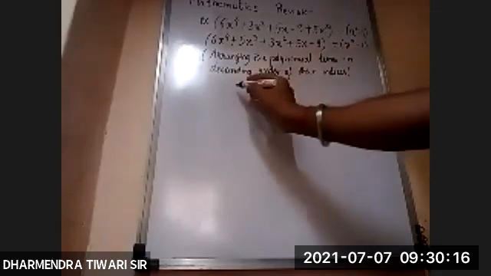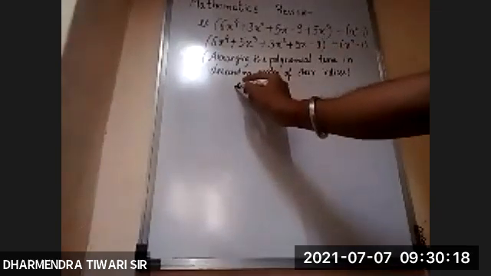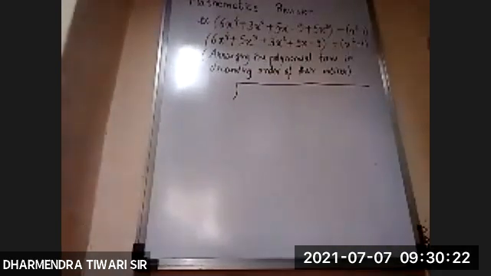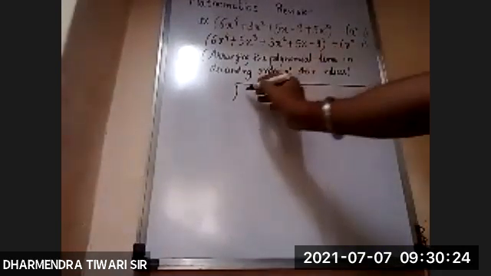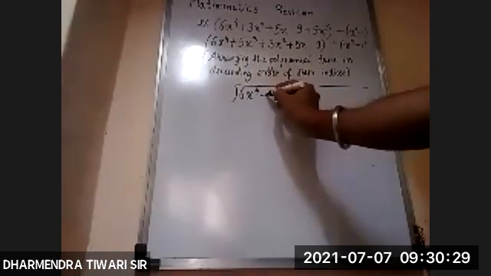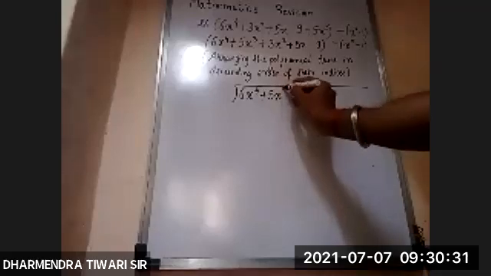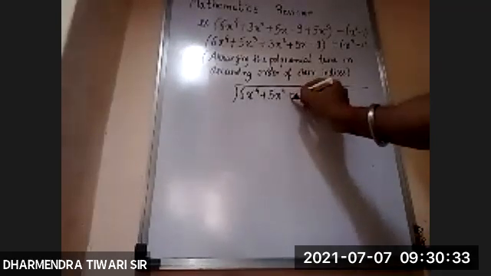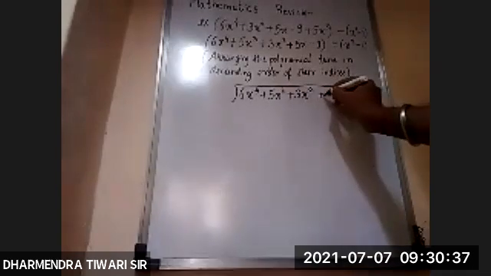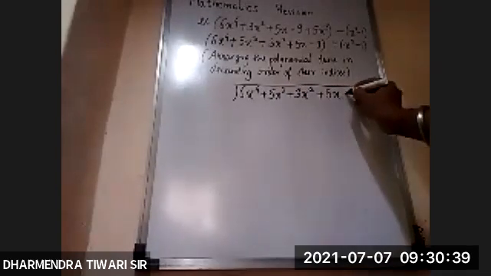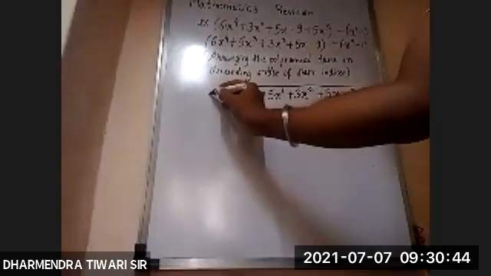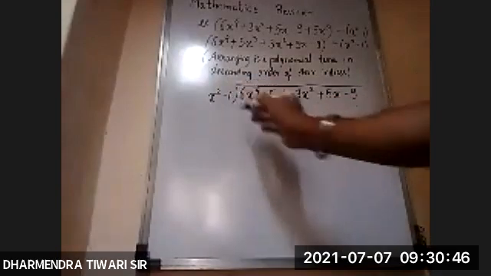So now we'll start the division. 6x raised to 4 plus 5x cube plus 3x square plus 5x minus 9, and here we have x square minus 1.